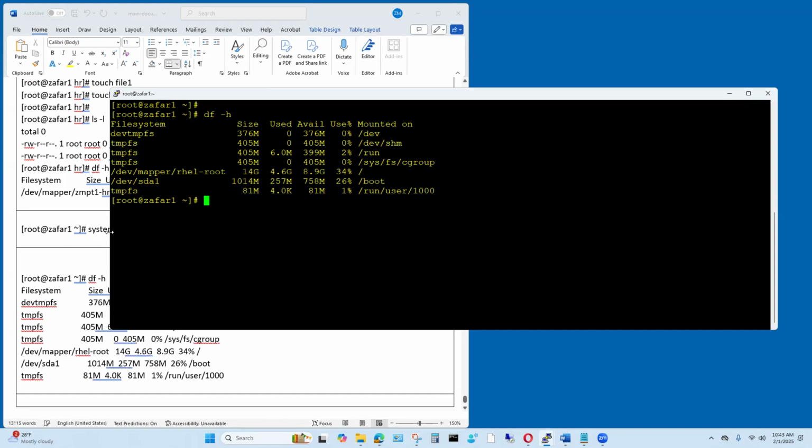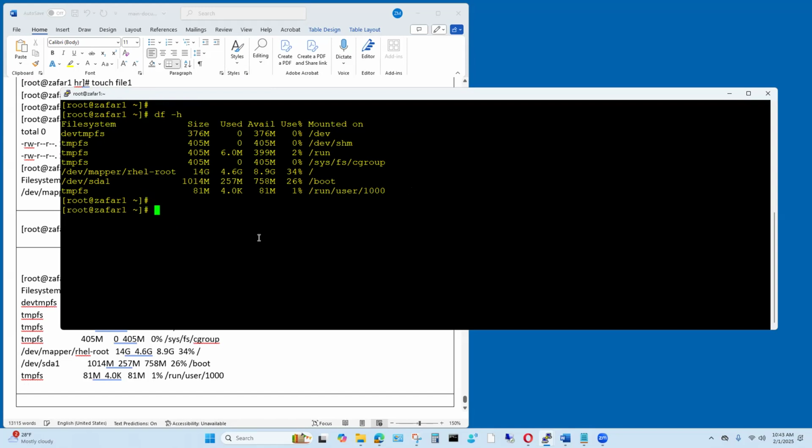So what you have to do is go in this folder here, vi /etc/fstab. Okay, guys, don't mess this up. Before you do that, you have to make a copy of this. cp /etc/fstab /etc/fstab.bak.